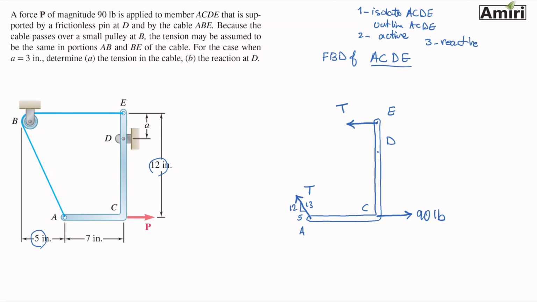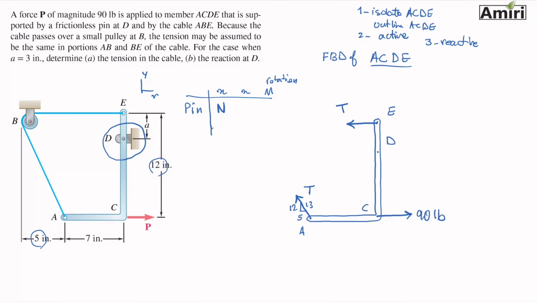One more thing that I have is a pin at point D. If you've watched other videos, you know that I always make a table. I either write moment or rotation, and then I see which way this pin is not moving and which way it is moving. When I look at the pin, we only look at the pin itself, we don't look at anywhere else on the diagram. In this case, it is not moving in the x direction.